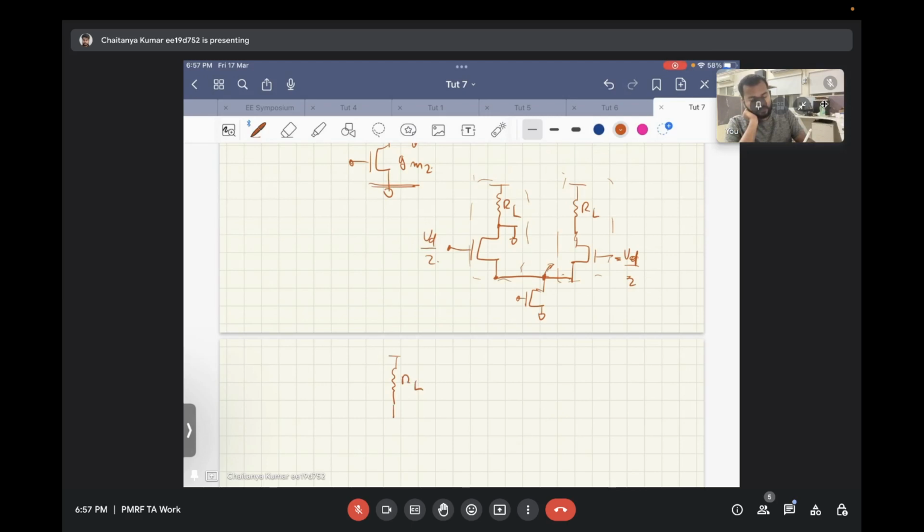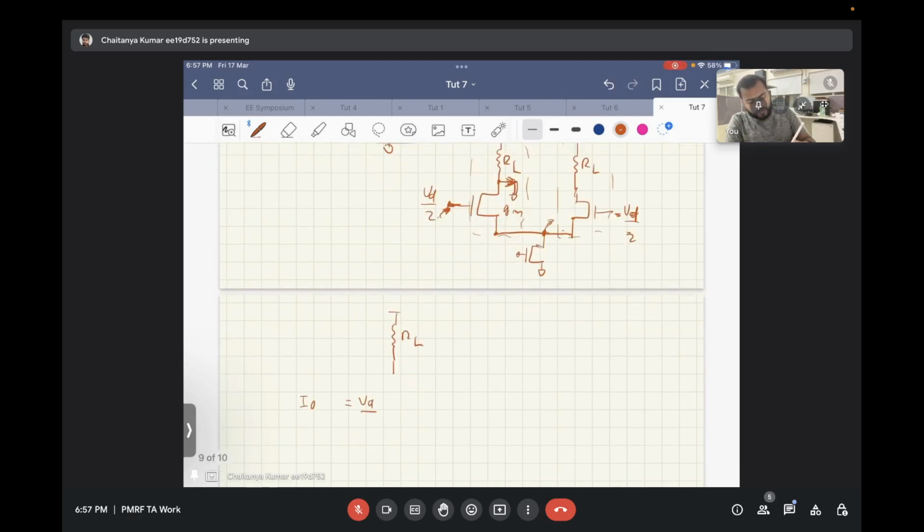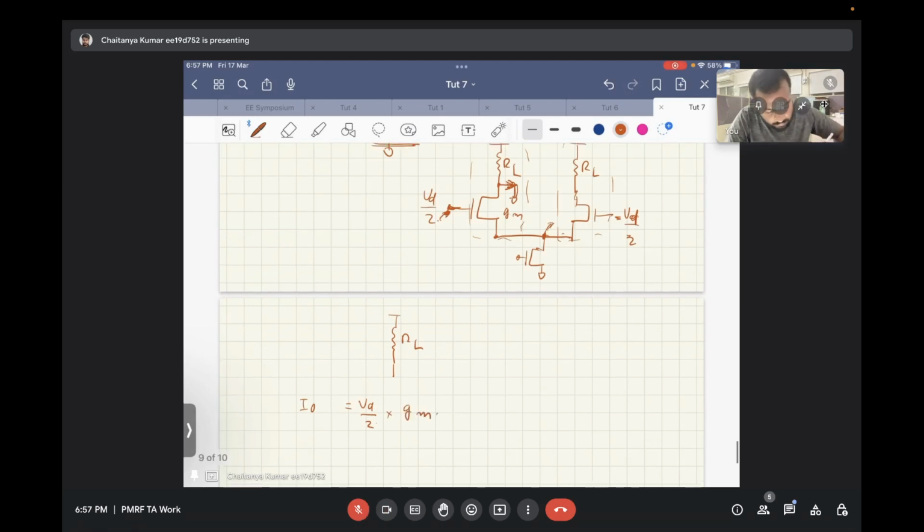So the gain from this input to the short circuit output current, the short circuit output current can be written as IO is equal to VD by 2 into GM.